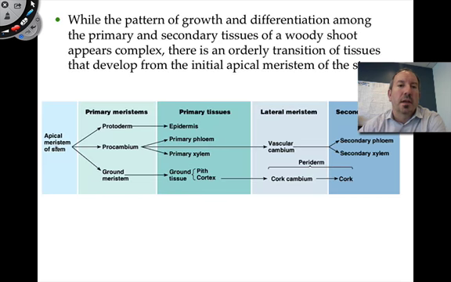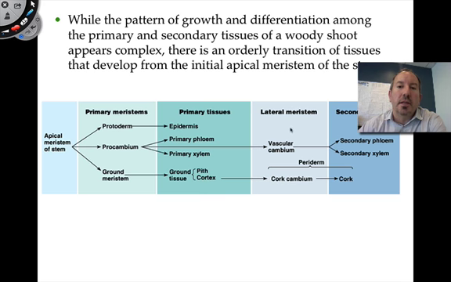And so as we progress, just a little review, if you don't mind: on the very top of the plant, we've got this apical meristem, right, at the very tip of the tree, and that's primary growth, so that's going up towards the sky. And then we've got these primary meristems: protoderm, which becomes the epidermis, the procambium, which becomes the vascular tissue, and then the ground meristem, which becomes the cortex of the stem, or the pith to the inside.